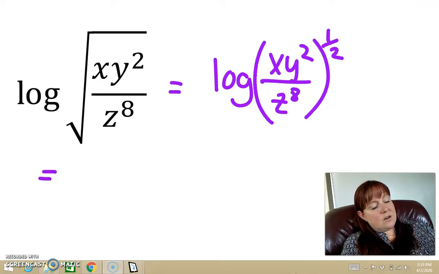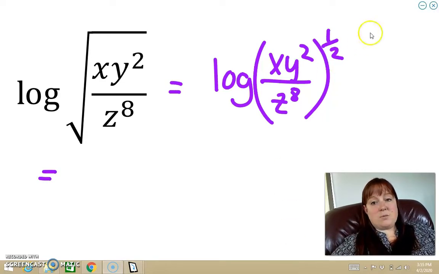So then we can apply, remember the exponent rules tell us, we can apply this 1/2 to each thing inside of here. The other option is we could bring it out front, but you'll see that that's actually an extra step we wouldn't need to do. Let's just apply it to each of these. Remember, because this exponent applies to the x, it applies to the y, and it applies to the z.